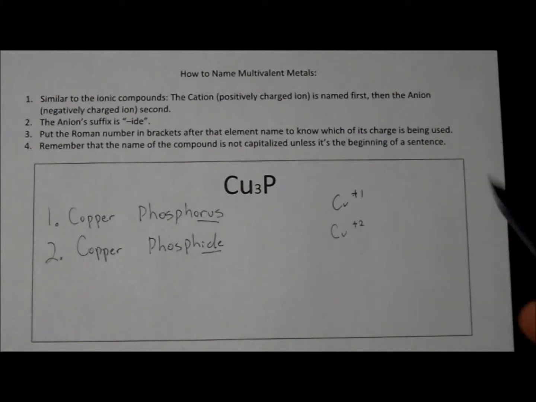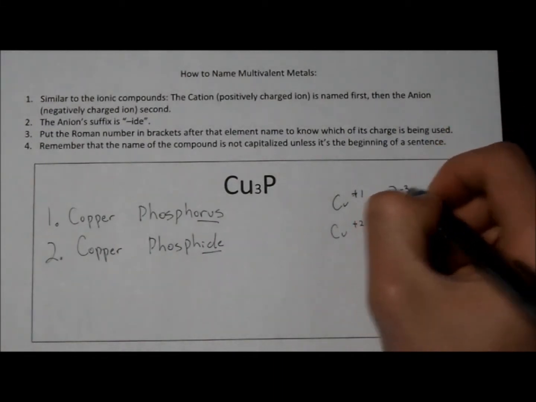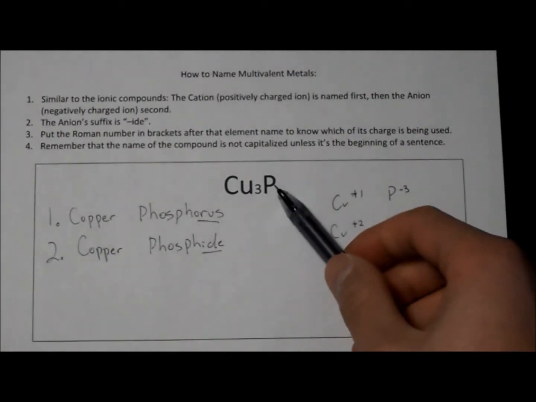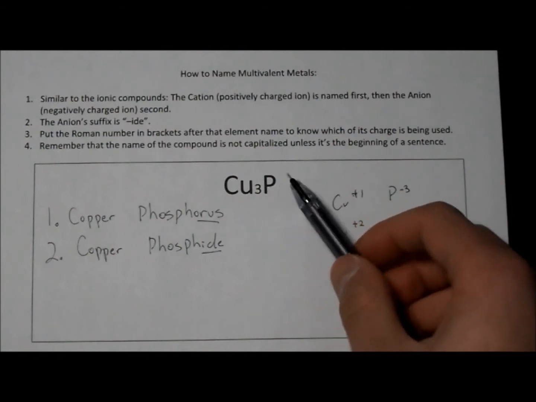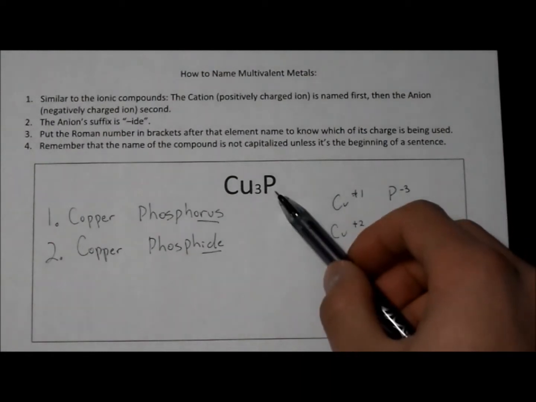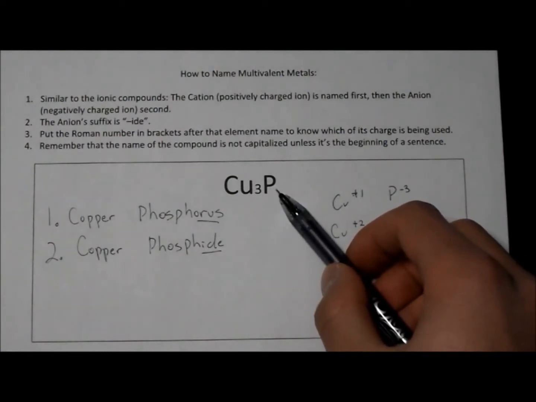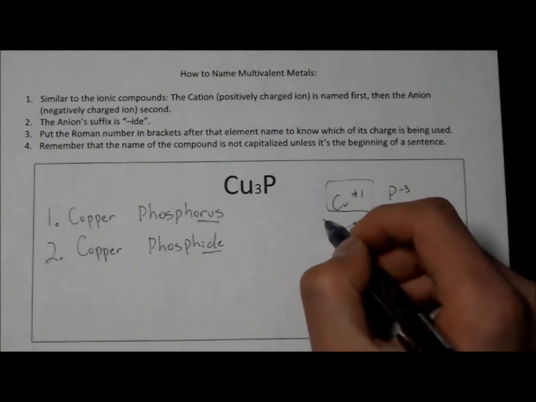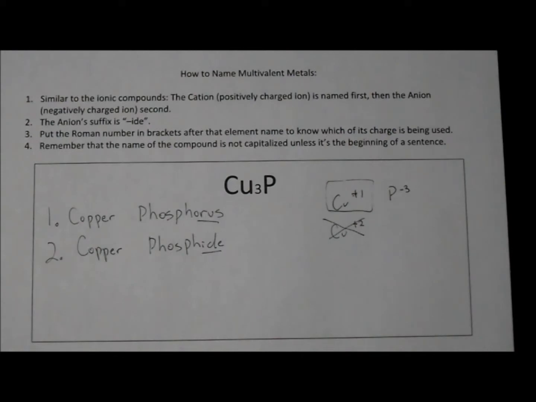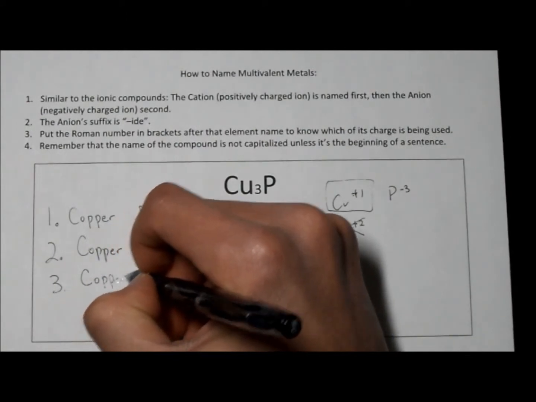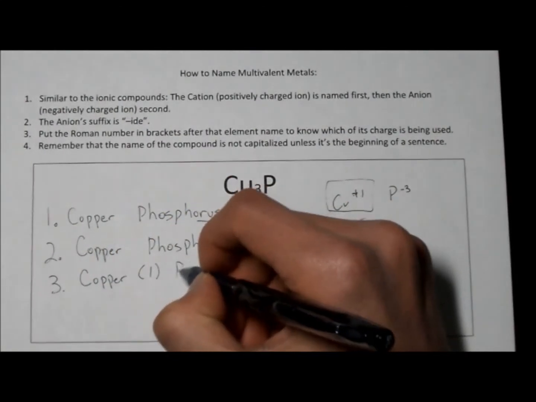Phosphorus has a charge of -3. When we crisscross, the 3 from the phosphorus goes to copper. However, phosphorus does not have a 2, but it has a 1 because it's simplified. This means that we are actually using copper with a charge of +1 instead of +2. So for the third step, we'll be using the Roman numeral 1. Copper, in brackets, 1, phosphide.